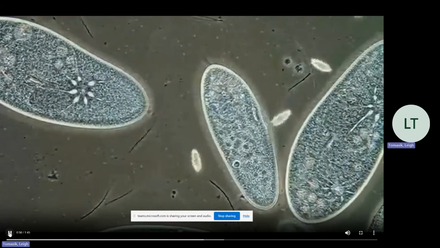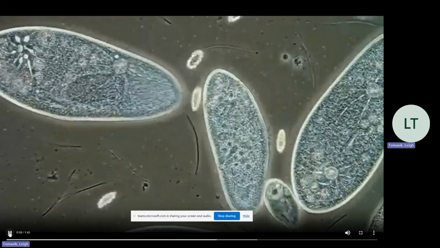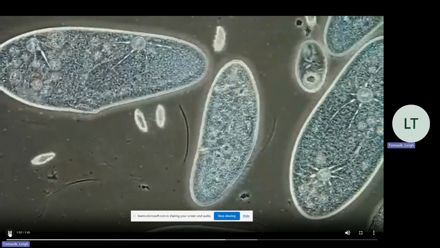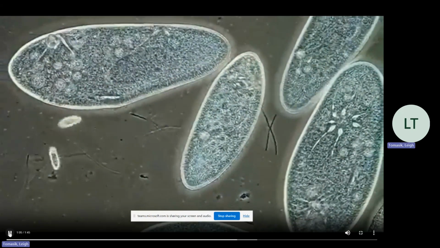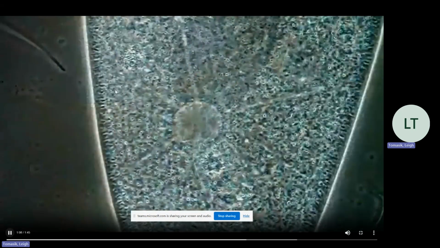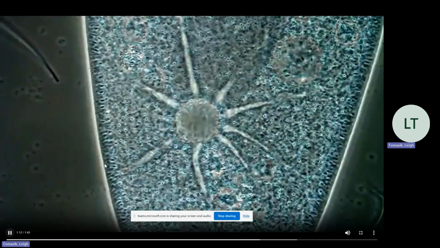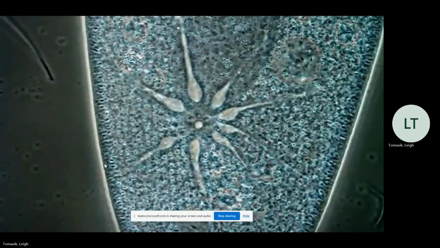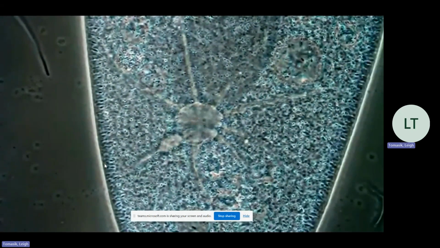Kind of neat. And you can see the cilia pushing the paramecium through the water, and you can see it sort of rotates. Right here, that's an oral groove. Oh, here's a close-up of the contractile vacuole. See, it opens and closes and pushes water out.